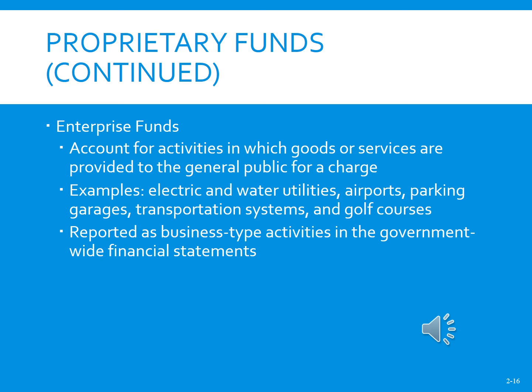When I start talking about business type activities versus governmental activities, that's where you're talking about the upper part of that framework matrix. It's talking about the government-wide financial statements, which column those appear in, versus the fund financial statements.